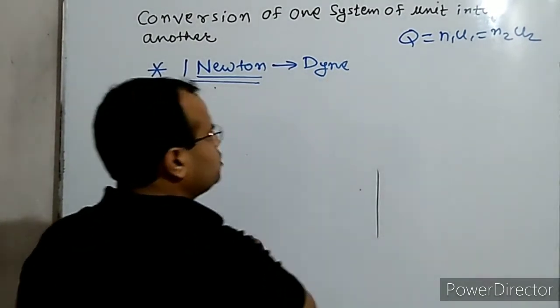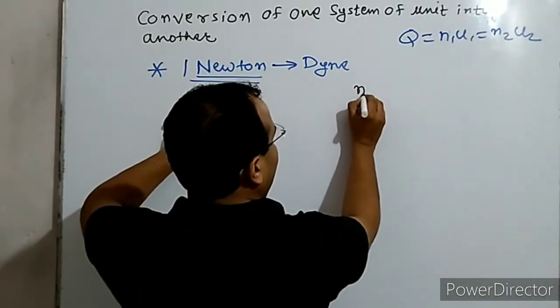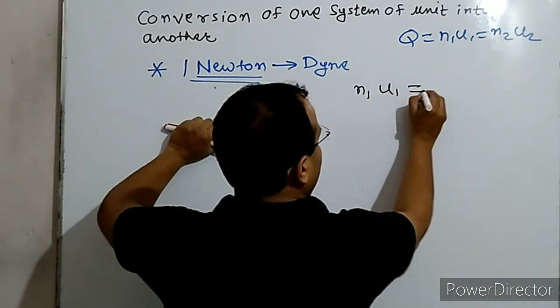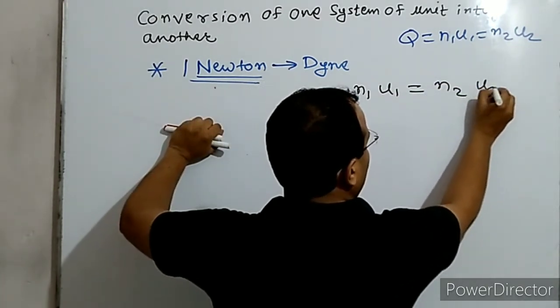Now, this particular formula which we wrote here, you can write it like this: N1 U1 is equal to N2 U2.